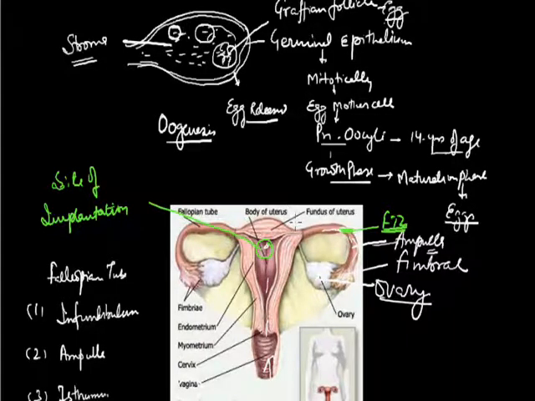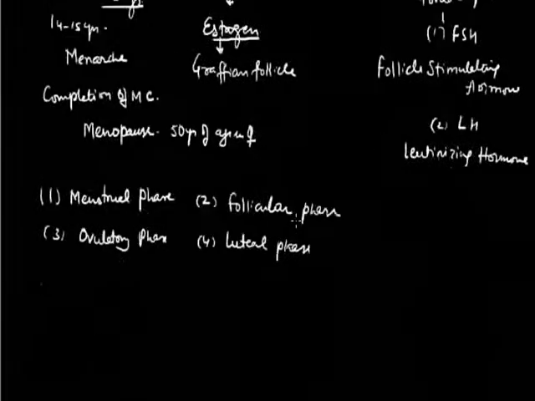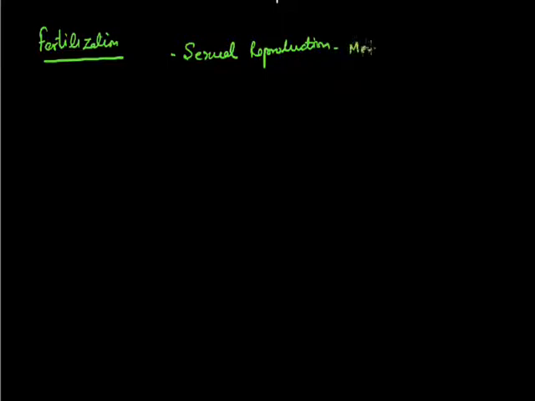Let us study the process of fertilization. Fertilization is a very essential process during sexual reproduction, since it involves meeting of both male and female gametes, that is sperm as well as egg.